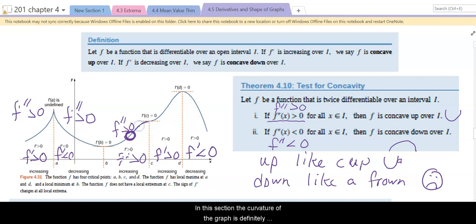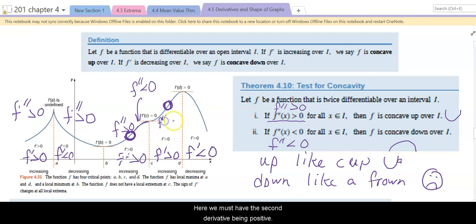In this section, the curvature of the graph is definitely down, which means in here, our second derivative must be negative.